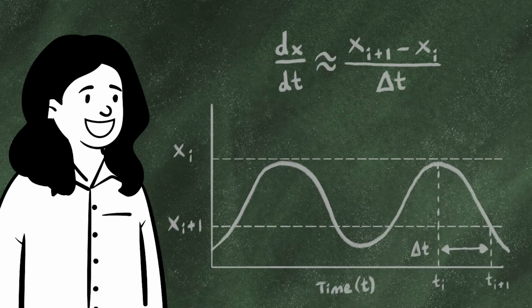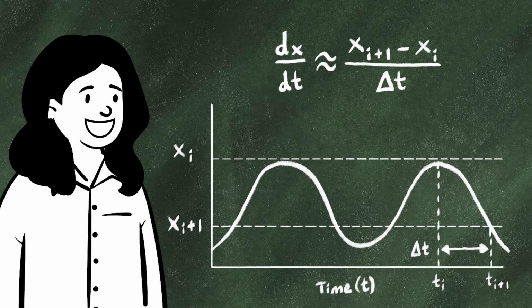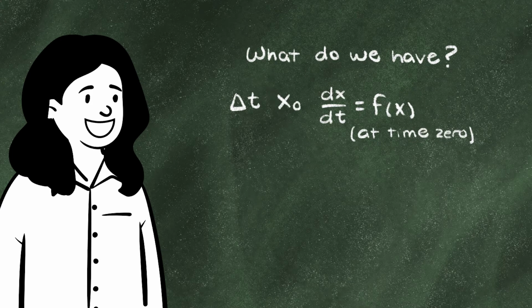So we have this set up for the Euler method, and now I need to convince you that it's useful to solve your problem. Let's say that for our first time step, we start at i equals 1. So our equation now has terms x1, x2, and delta t, and dx/dt, which is actually a function of x. So let's think about, what do we have? We have an initial condition, x1.